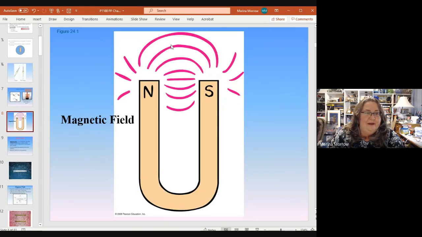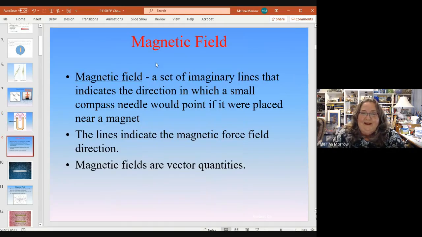Now we'll be talking about magnetic fields also, okay? So between the ends of the magnet, it's a magnetic field. Okay, so what's a magnetic field? It's a set of imaginary lines that indicate the direction, as if a small compass needle was placed in that location.